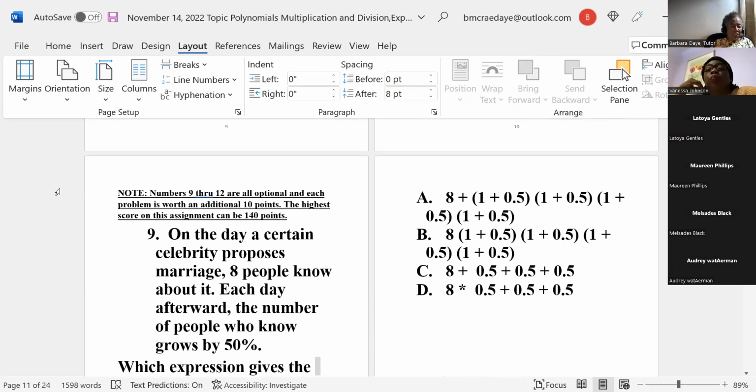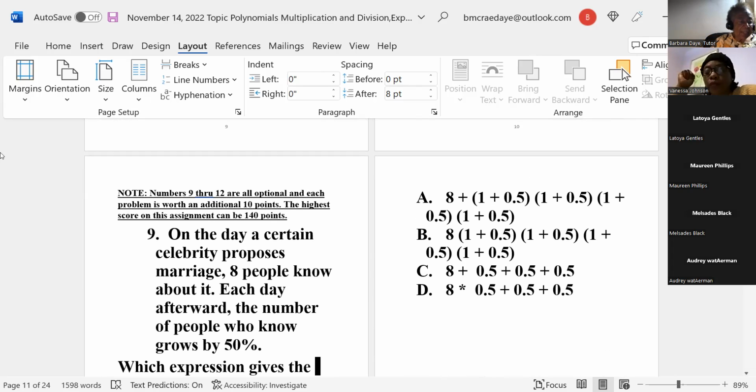Now, when you see something say grows by 50%, what does that mean? It goes up by what as a decimal? 50% is equal to 0.5, 5 tenths. So this is going up by 50%.